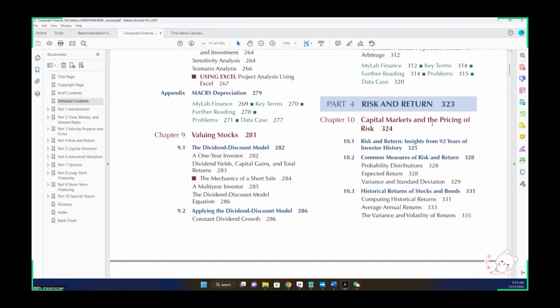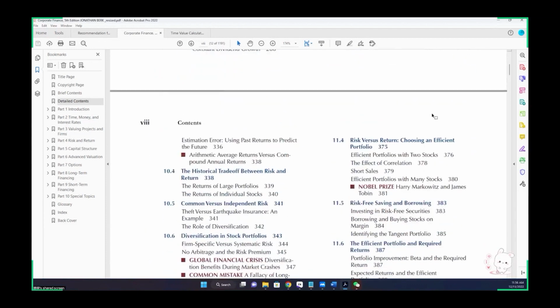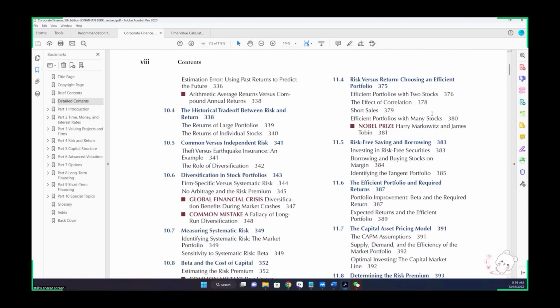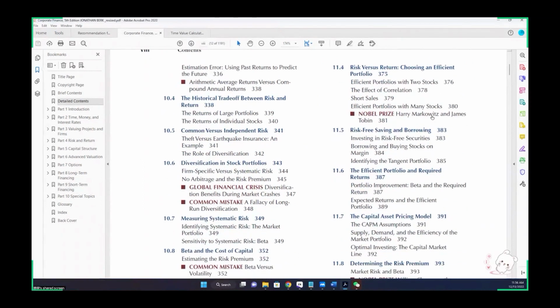But always remember that risk means uncertainty, and high uncertainty can mean very high required return. And we have two types of risks here: one is called firm specific risk, and the other is called systematic risks.